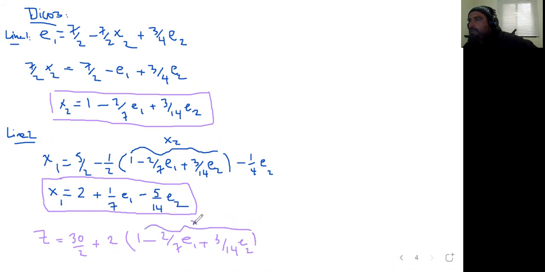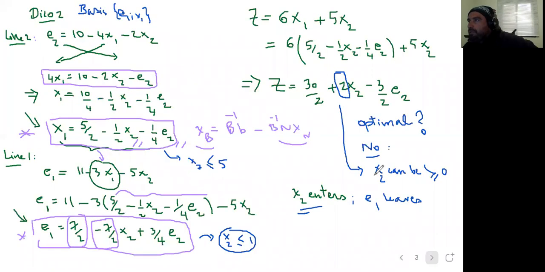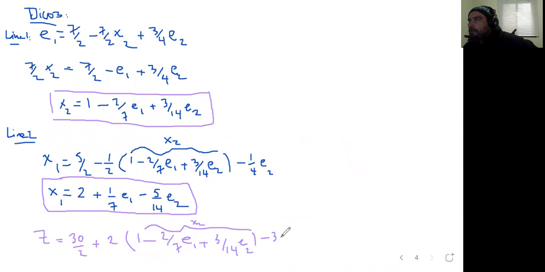You understood this before. And don't forget, I still have minus 3/2 E2. Okay. So now what is the new value for z, guys? It is equal to 15 plus 2. How much is that? 17. Now, how many E1s do I have? I have minus 4/7 E1.